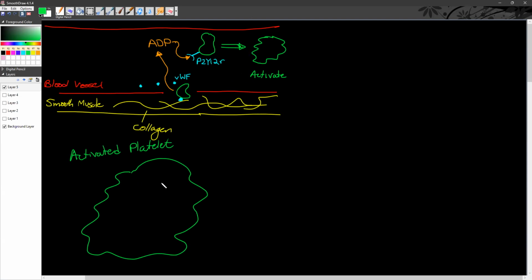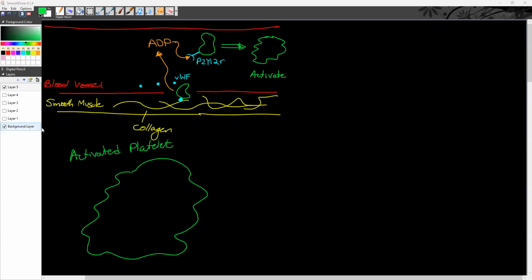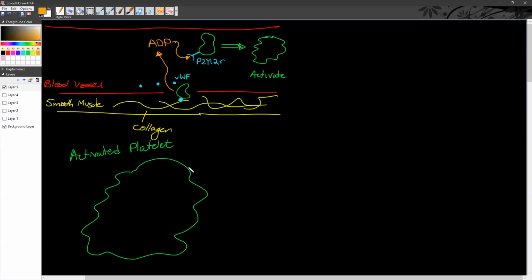What happens on a molecular level is that we end up having that P2Y12 section. So we have our P2Y12 receptor, and that's waiting for ADP to come in and bind to it.